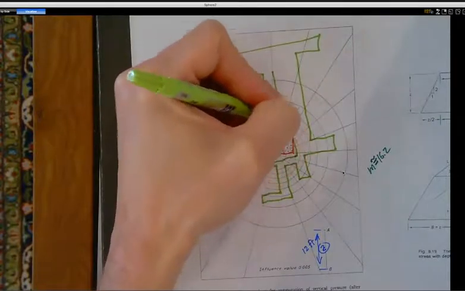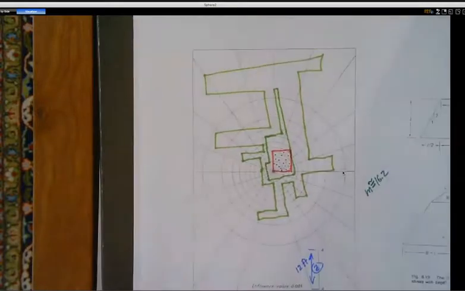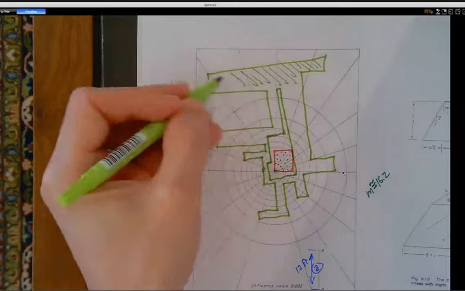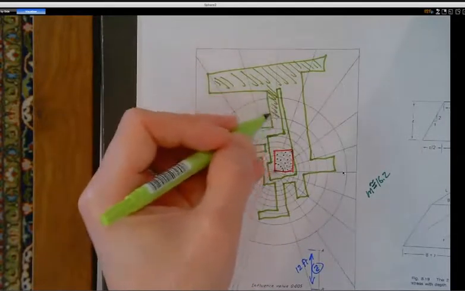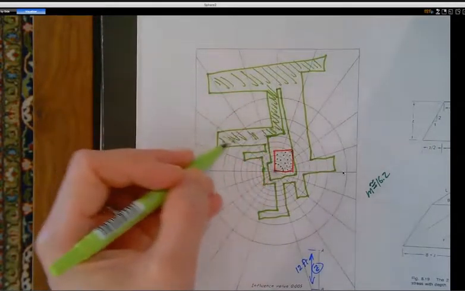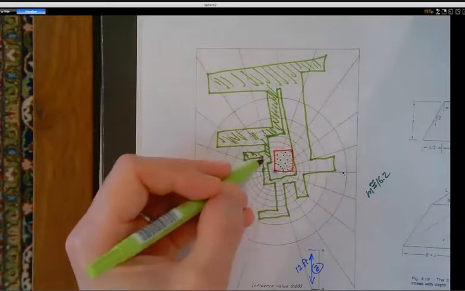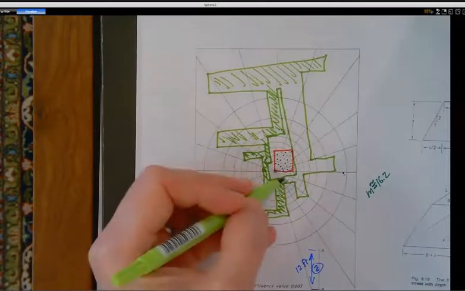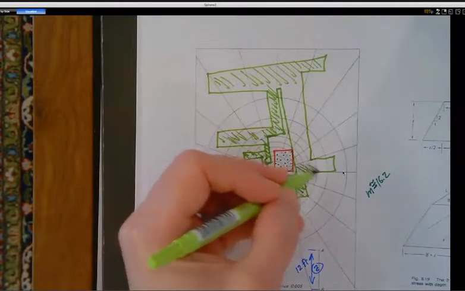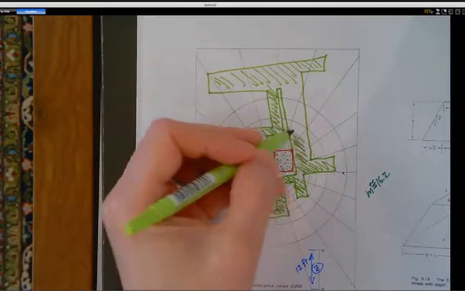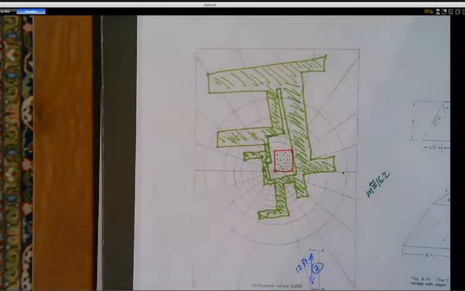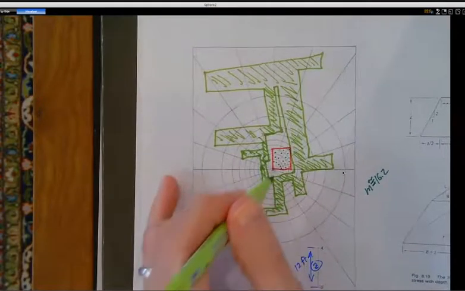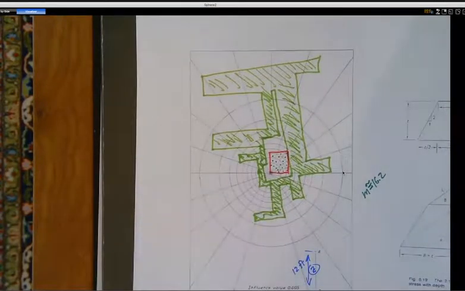You might have a building that looks something like this. See this shaded area here. Now, if you tried to hammer out delta sigma using the M and N chart on a building that had some crazy shape, something like this, which again would be a relevant challenge, and you're interested in what's going on right there at the center, you'd be at the M and N chart all afternoon.